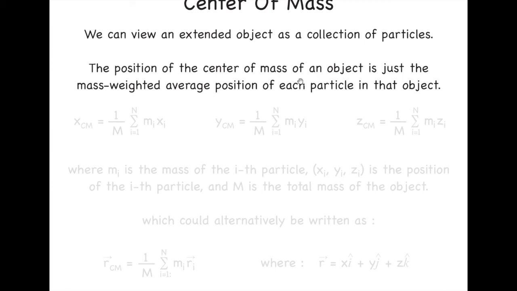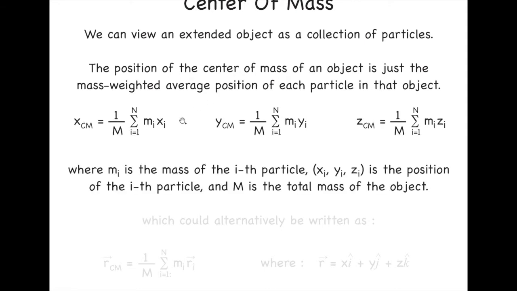The position of the center of mass of an object is just the mass-weighted average position of each particle in that object, right? So the average position would just be taking all the positions and adding them up. But we know that some particles are heavier than others, have more mass than others, and so we give those particles a little more weight. The way this is done mathematically is by taking not just the sum of all the x positions. Like if we had a bunch of points along the x-axis, to find the average position, you just add up all the positions and divide by the number of things that you had.